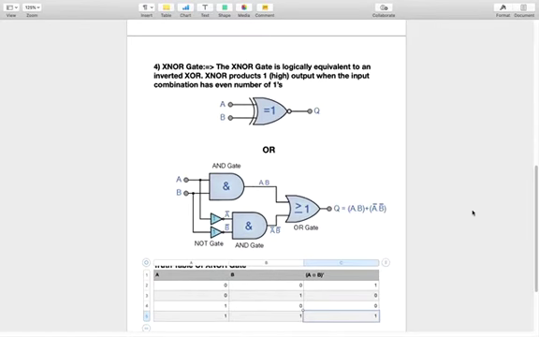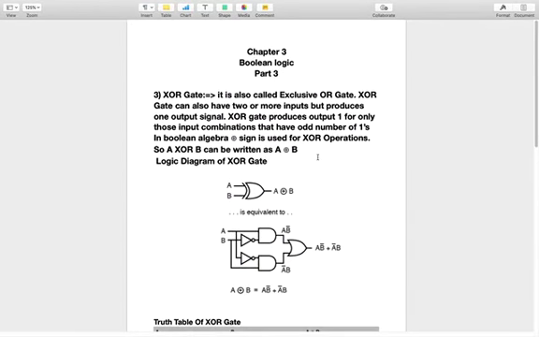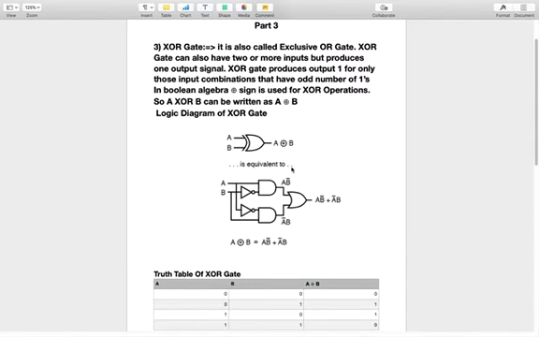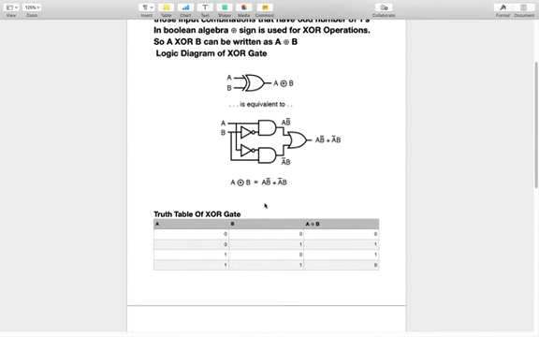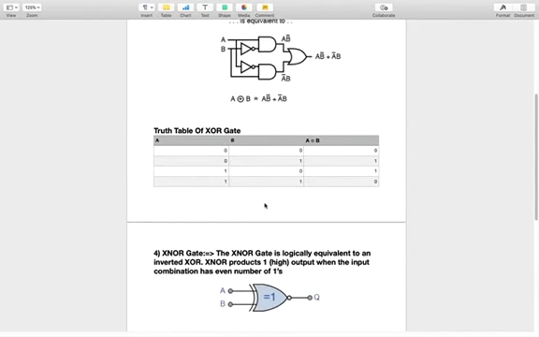So today we learned about the XOR gate, also known as the exclusive OR gate, which produces output 1 when the number of 1s is odd. We saw the logic diagram of the XOR gate in two ways and the truth table of the XOR gate.